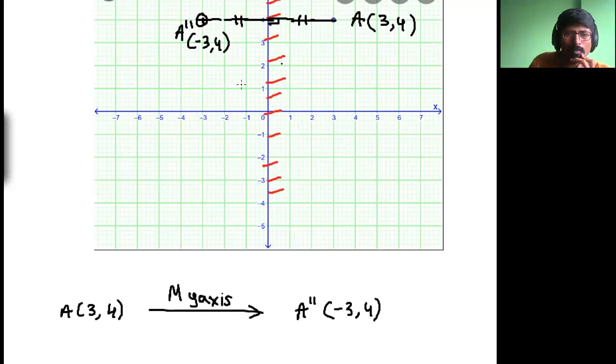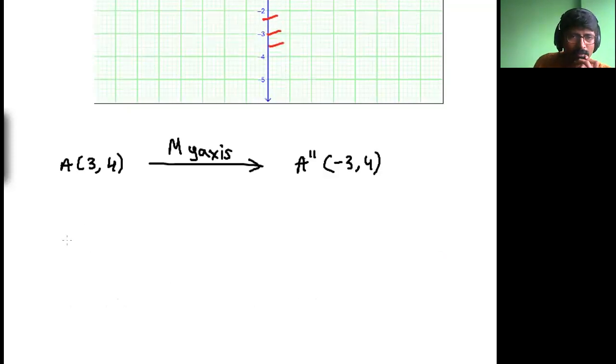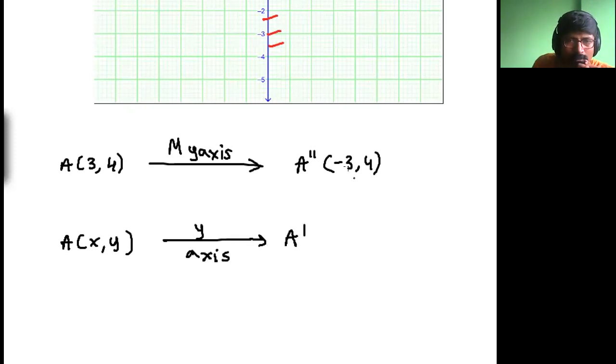Now, how will we formulate this? Simple. When any point A, x comma y, reflects under y-axis, it becomes A prime. And if you notice, look at this, the x changes, but y remains the same.